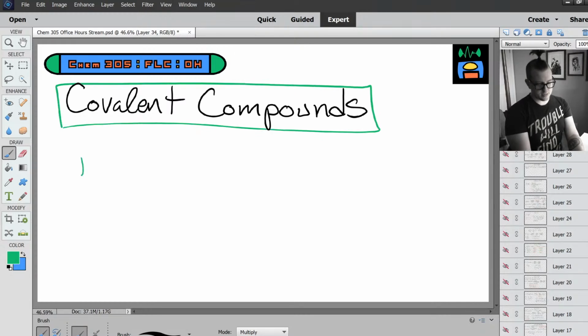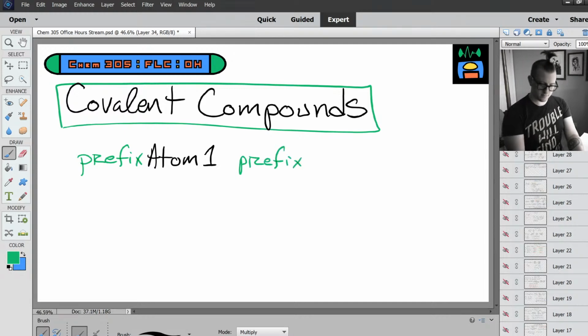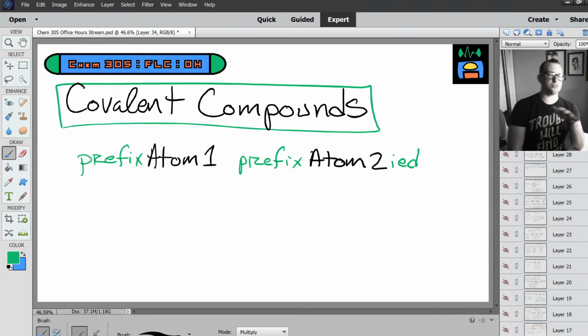They're always prefix atom 1 followed by prefix atom 2, ide. There's a thing in the book where it says, oh, when it's hydrogen, you don't use the prefixes. You don't have to worry about that. Just always name them the same.